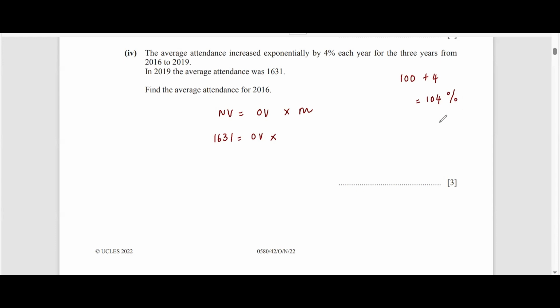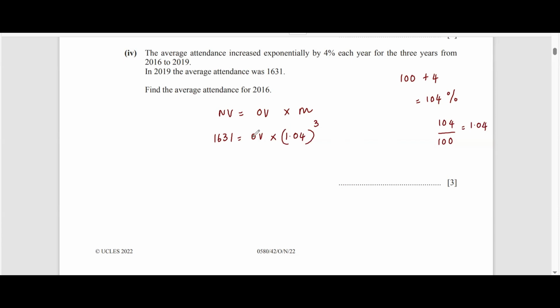So 104 percent, you represent it as a fraction, 104 by 100, that will give you 1.04. Now, it is exponentially increasing by 4% each year for the 3 years. So that means 1.04 to the power of 3. First of all, let's find what is 1.04 to the power of 3.